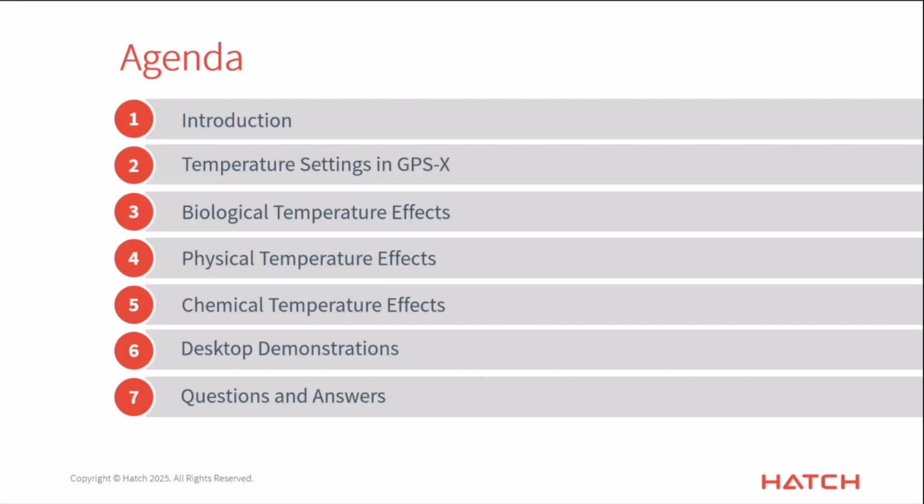Then I'm going to talk about the biological, physical, and chemical effects of temperature on the processes in the activated sludge system, and we're going to run some desktop demonstrations. We're going to do sensitivity analysis, as one of the things I always like to do in these webinars. And then at the end, of course, we will do some questions and answers as always.